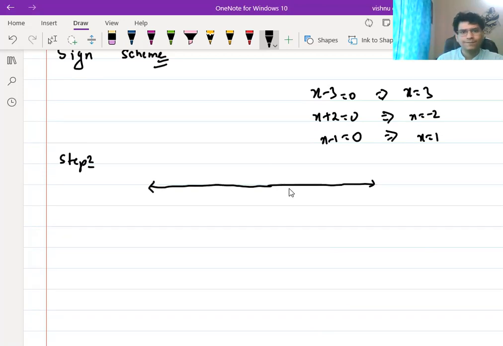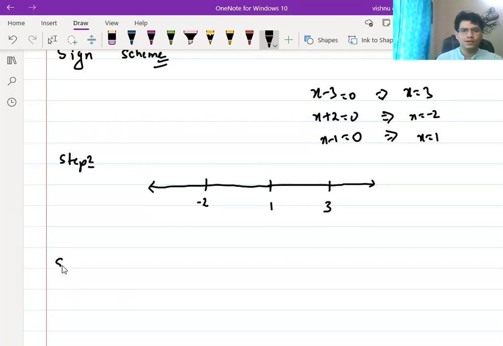So it will be what? Only these critical points. You don't have to put any other number. Only these 3 critical points. So if you see these 3 critical points, we have minus 2, 1, and 3. I guess step 2 is clear, yes or no? Step 2 is very, very clear.